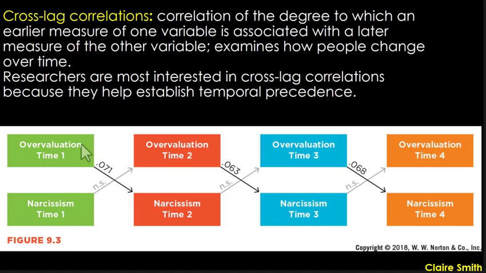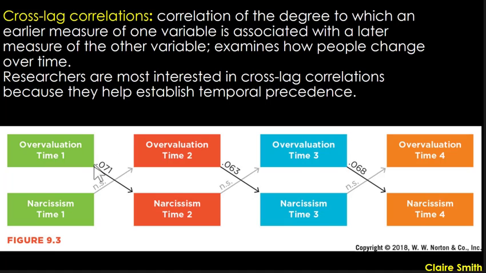So looking at the effect, or correlation, that this overvaluation from the parent at time 1 has on narcissism at time 2, and vice versa. So narcissism at time 1, what correlation that has with the parental praise at time 2. This is important because it's giving us an idea of what's actually causing the other one to change, right? It's establishing some sort of temporal precedence.